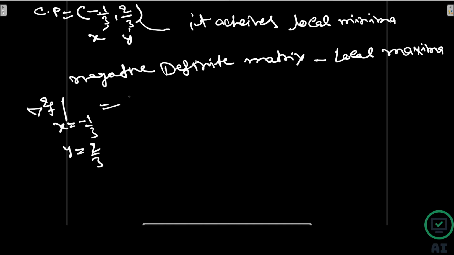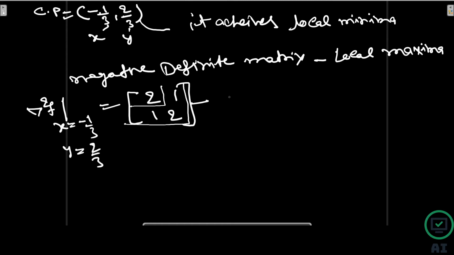So the double derivative would be 2, 1, 1, 2. If you do partial derivatives to find out the double derivative, then you will get this matrix. And to find out whether it is positive definite or negative definite, we have to find out the leading principal minor. So first of all, we have to identify what the leading principal components are. This is one leading principal component, another one is this complete matrix.